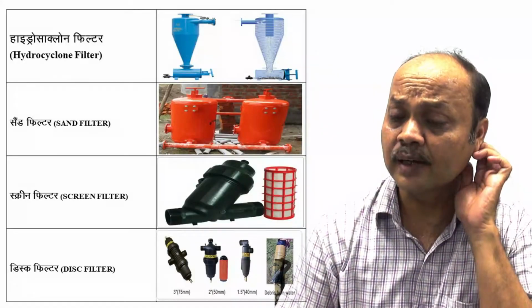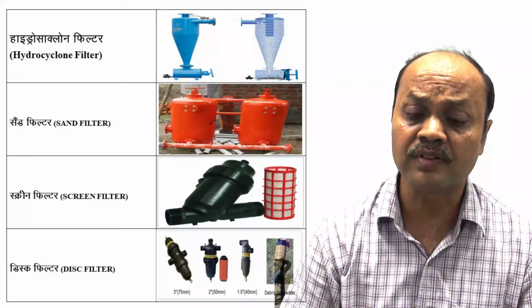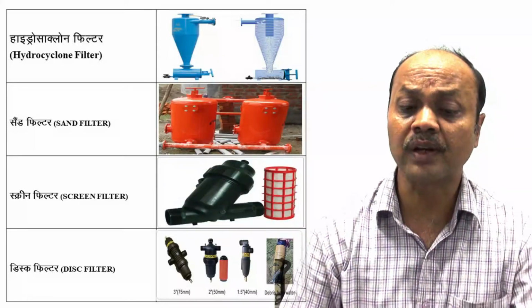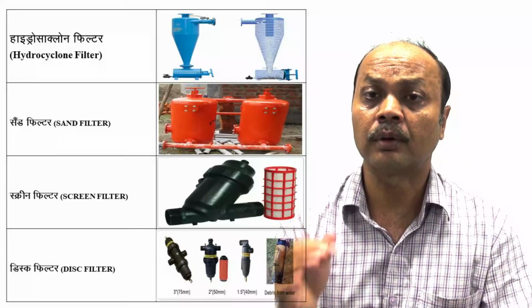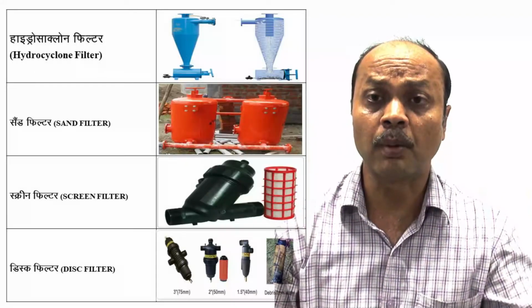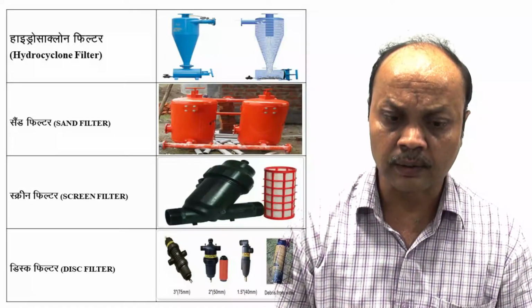Depending upon your actual water requirement and quality of water, you will select the different types of filter, because whenever water passes through a filter, there will be pressure loss. So the size of the pump will also depend upon how many filters you are using, right? You have to take that into account.